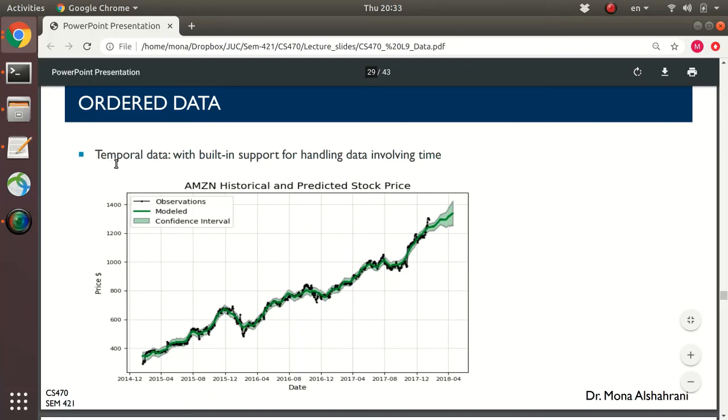Also, another example of ordered data is data that relies on time. Such data is called temporal data, and a well-known example for that is the stock market. Here we have data that can be represented with time being one of our main dimensions, and then we study the price predictions over time for some companies, and this can help investors see which companies are more promising than others.